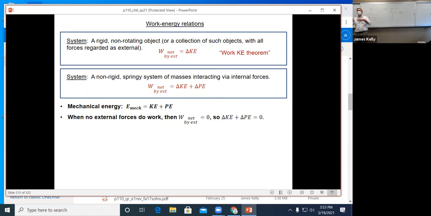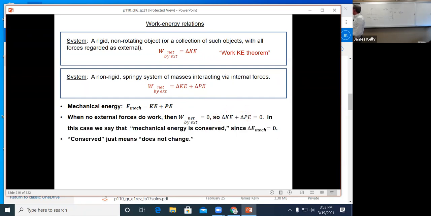So there's no external forces left to pull on parts of the system. We'll make everything internal in the system. In that case, it might be true that the external forces do zero work. And so the change in the kinetic energy plus the potential energy is equal to zero. And sometimes we call that conservation of mechanical energy.